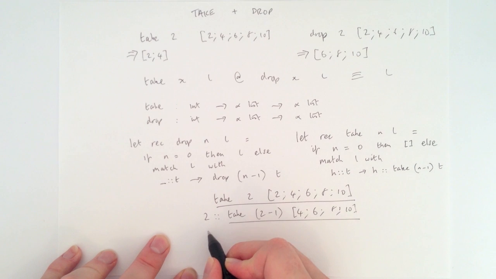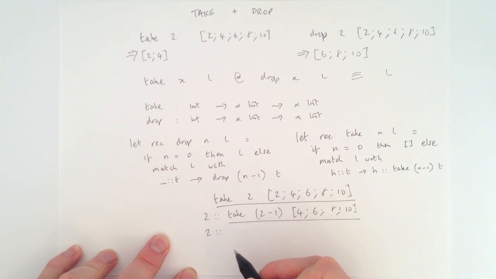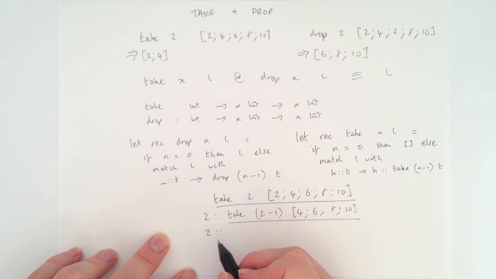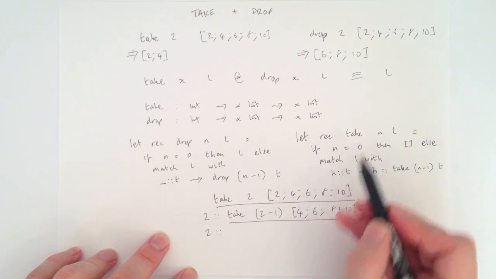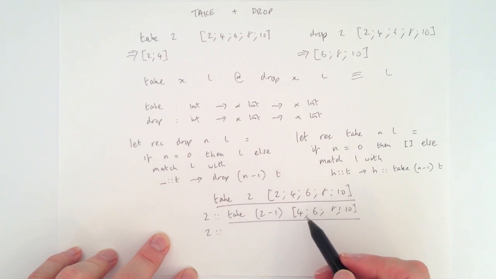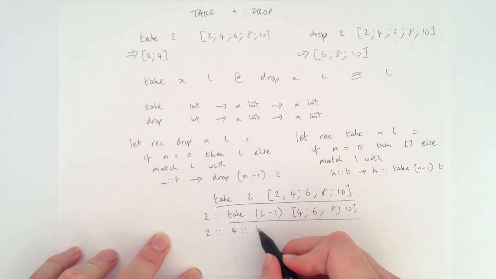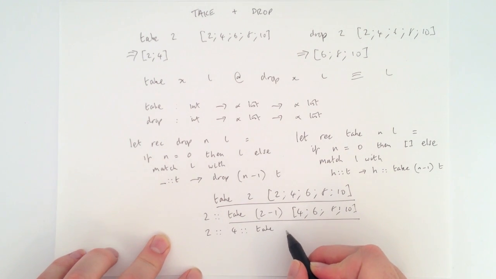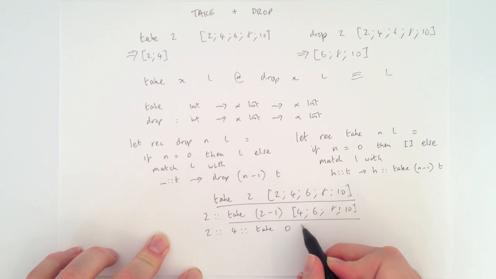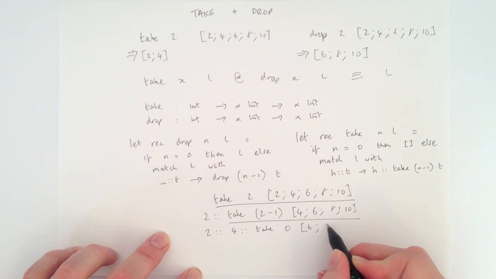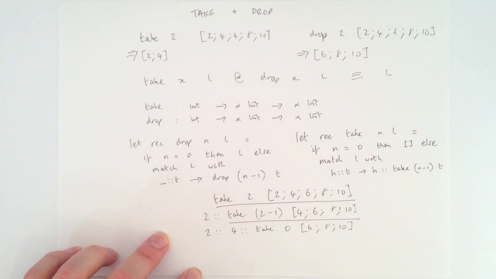So now it's 2 cons, well, we're asked to take one element, so again it's not 0, and again we match, so we get 4, and we want to take now 1 minus 1, which is 0 elements from 6, 8, 10.